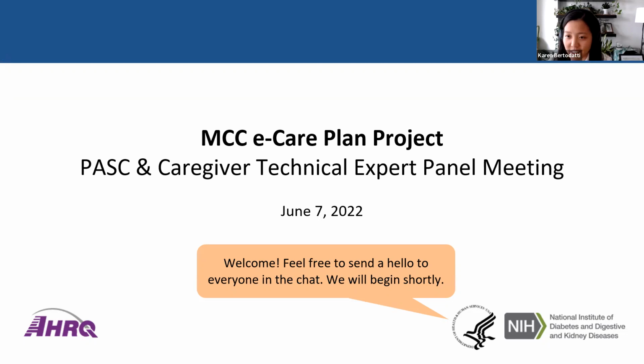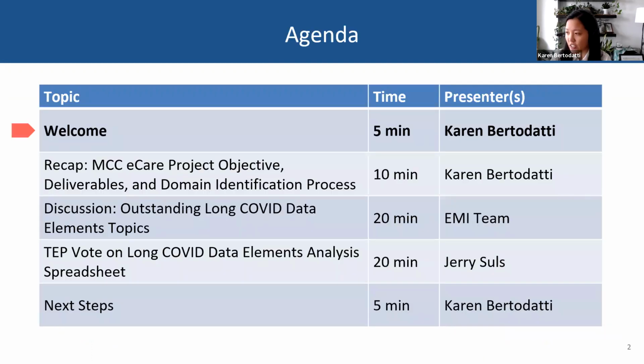Today is a very exciting meeting as we'll be initiating the vote for the long COVID data elements analysis spreadsheet. So here is our agenda for today. I will just do a quick recap of the eCare project objective, our deliverables, and then a little bit about the domain identification process that we've been undergoing for the last few months.